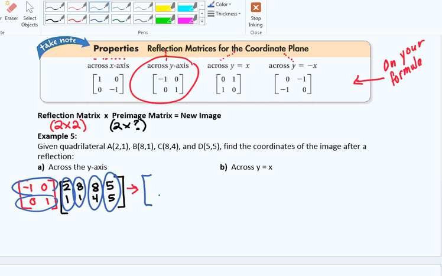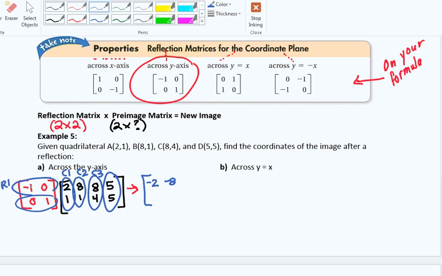Okay, so I'm going to take row 1 times column 1. Row 1 times column 1 would be negative 1 times 2 plus 0 times 1, and that'll give me a negative 2. Row 1 times column 2 would give me negative 1 times 8, that's negative 8, plus 0 times 1, that's negative 8.